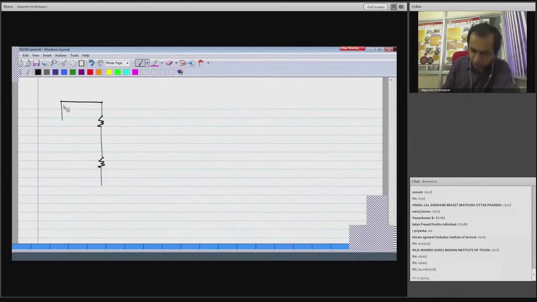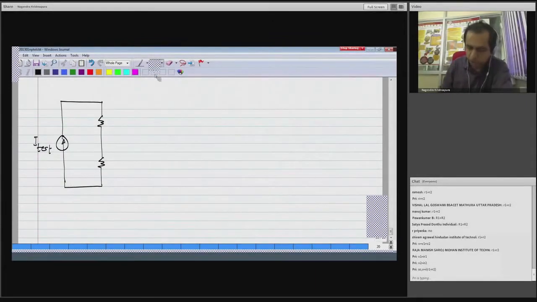In this case, what I will do is apply a current, I will call it I test, because that is what I am using to test what is happening between these two terminals. And it is clear that this I test will flow through R1 as well as R2, because there is no other place for the current to go.